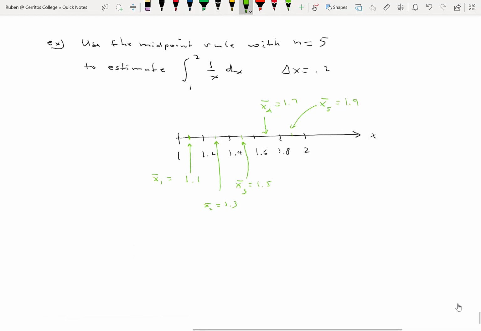So let's set up this midpoint approximation.